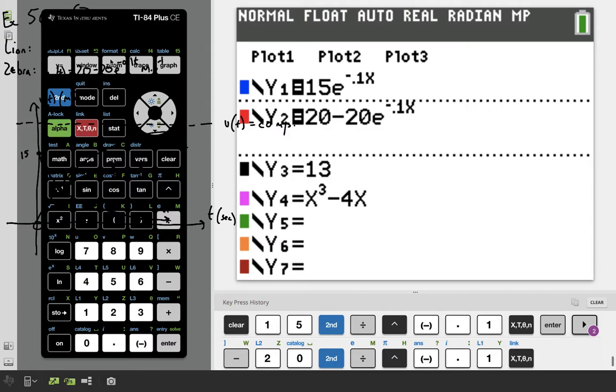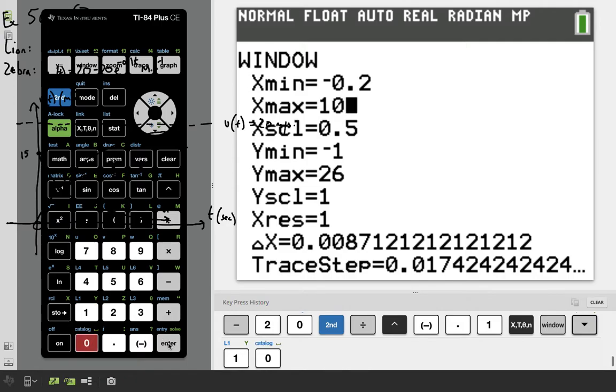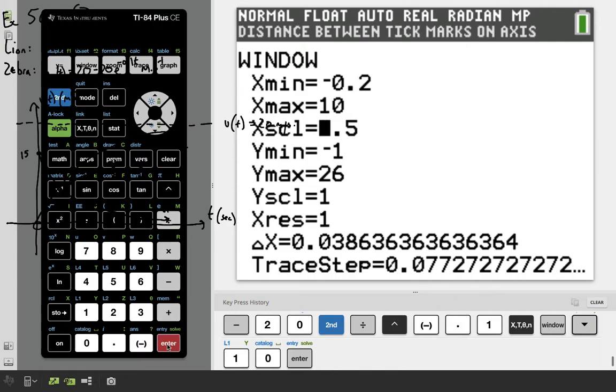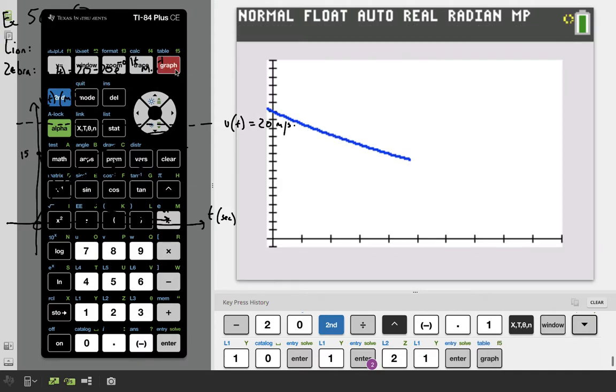I'm graphing that. Let's think about the window. I don't need negative x values. I'm probably going to need some positive x values. Scale, let's just set it to 1. Y minimum, well, it can never go beyond 20. So we'll try that. What happens? Yeah, that's okay. All right.